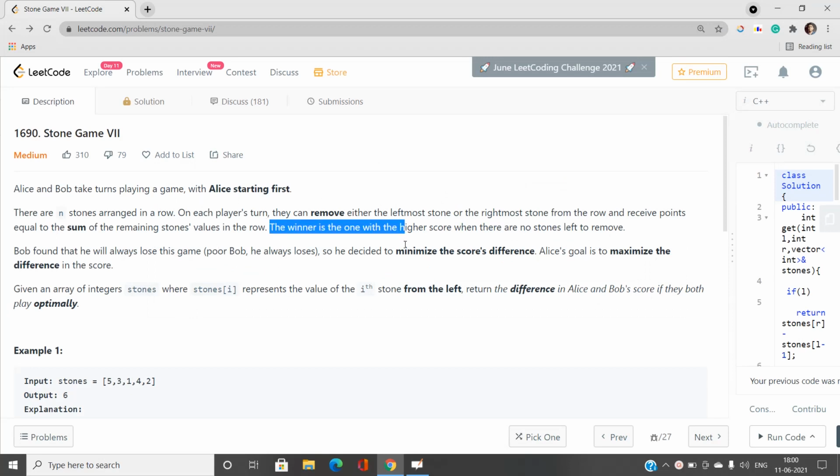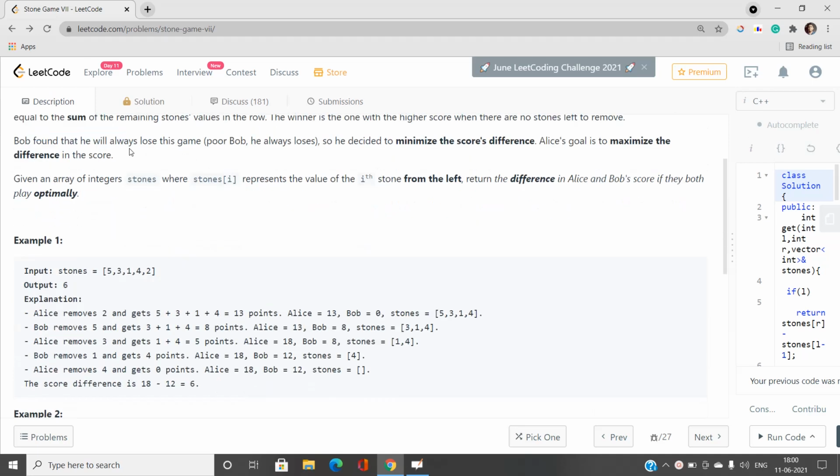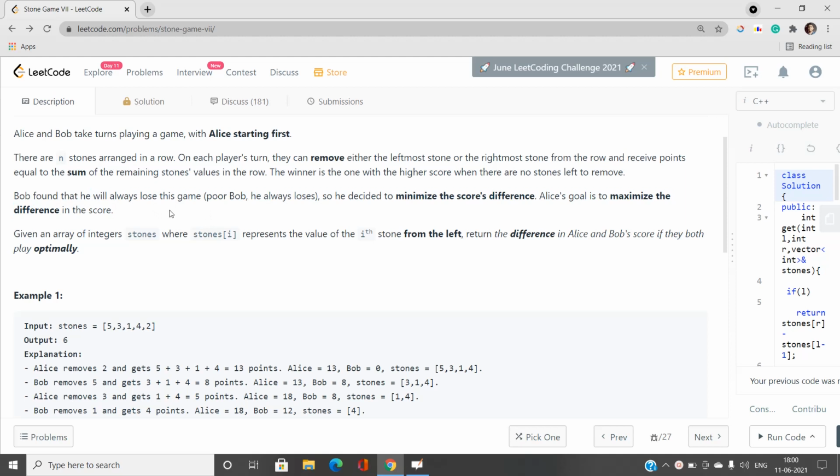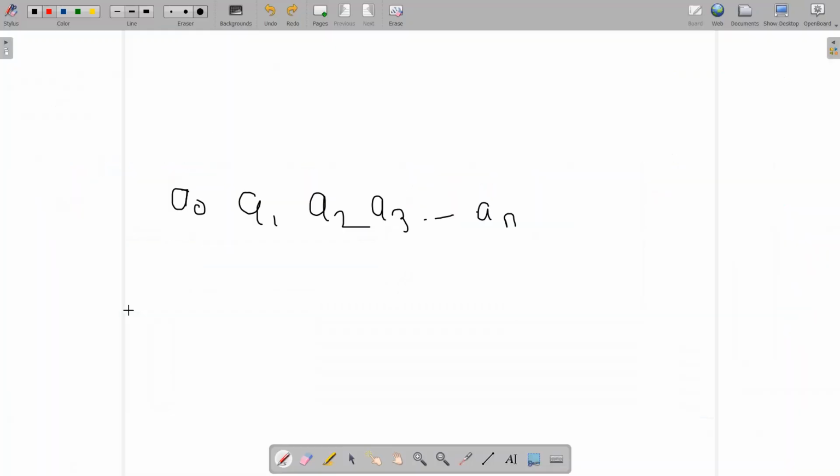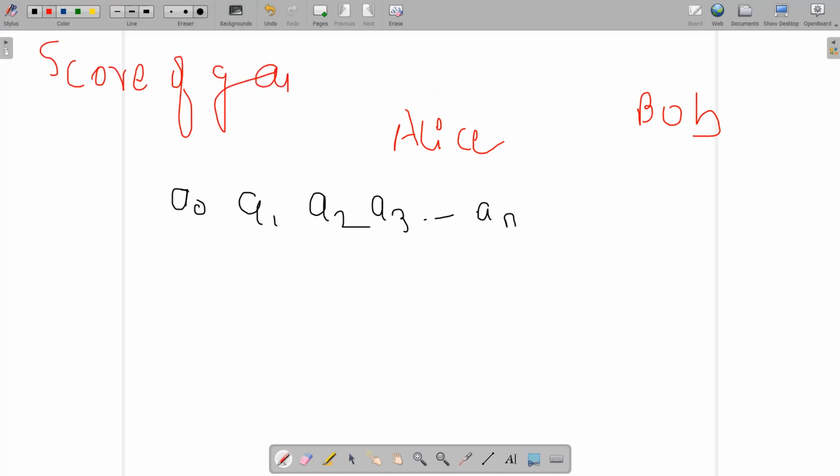The winner is the one with the higher score when there are no stones left to remove. Bob finds that he will always lose this game, so he decides to minimize the score difference. Alice's goal is to maximize the difference in the score. There are two persons, Alice and Bob, and the score of the game is going to be denoted by S. What is the strategy of Alice?